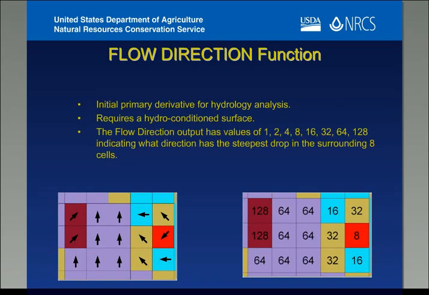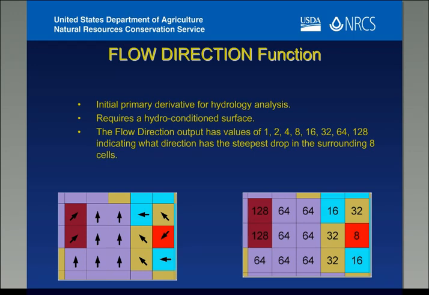And then the flow direction is a raster product that is created that's rarely ever used for display or viewing in a map, but it's a primary product that's needed for additional hydrology analysis products to be created.